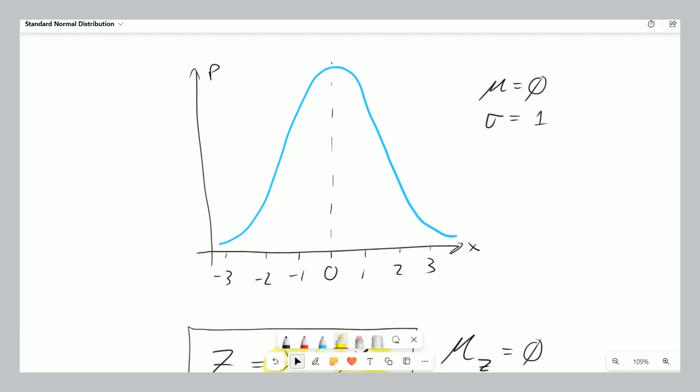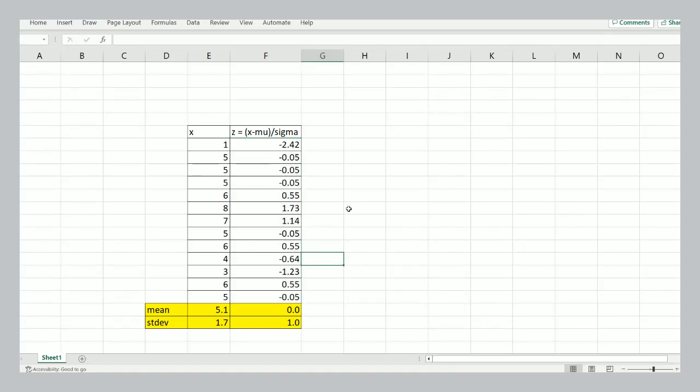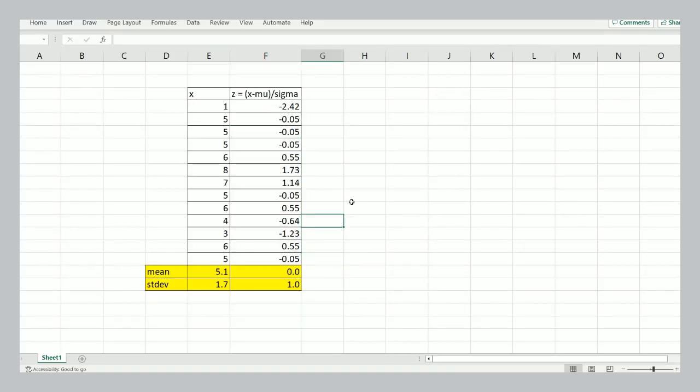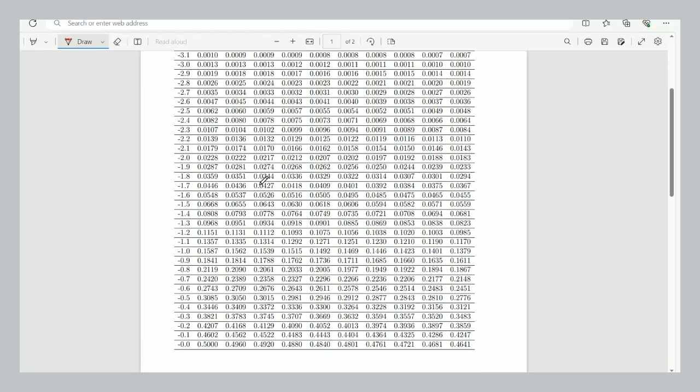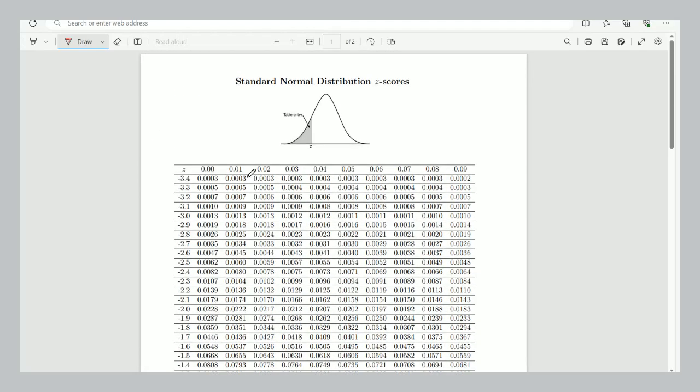And if your mean value is 0 and your standard deviation is 1, within 3 standard deviations of the mean value means you're between negative 3 and 3. So with this, we can use what's called the z-table. The z-table looks like this, and it gives you the area under the curve below any z value.